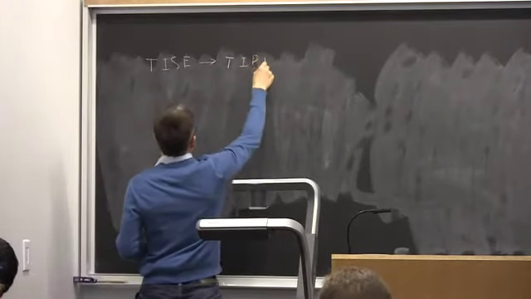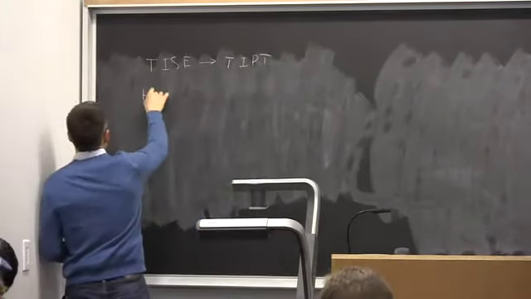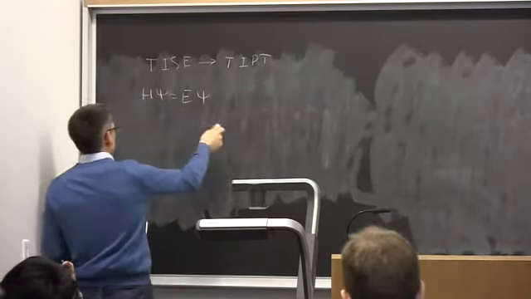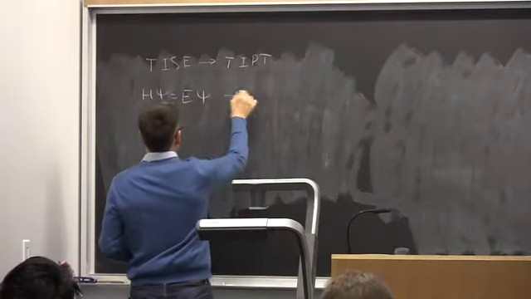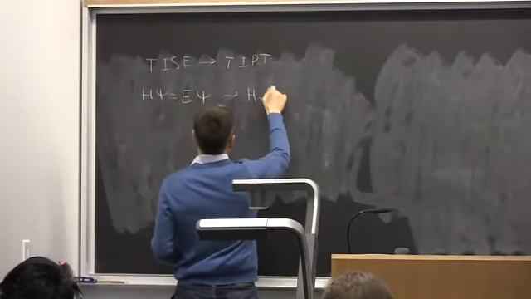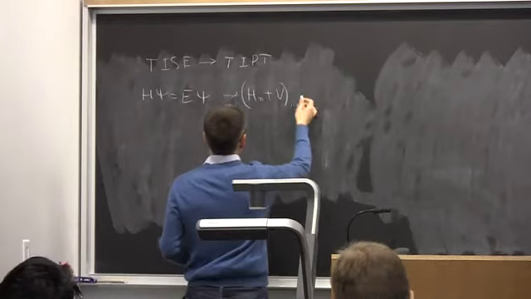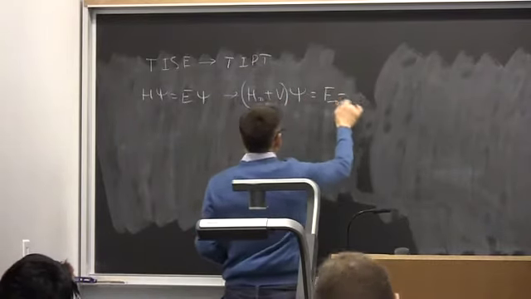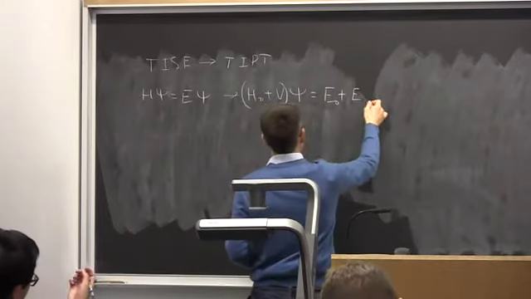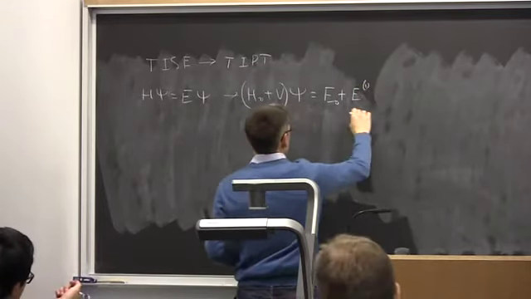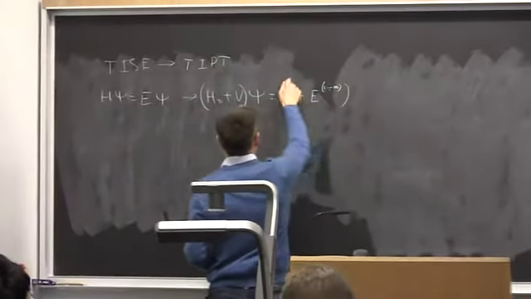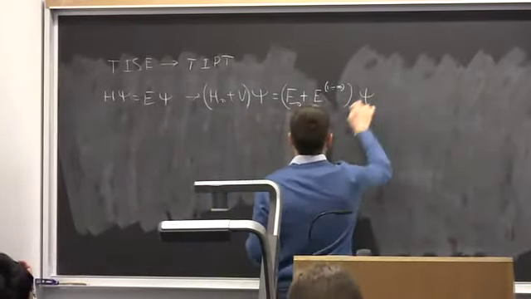time-independent perturbation theory that tries to solve H psi equals E psi by presenting the Hamiltonian as H0 plus V, and then E0 plus E1 and up to higher orders, right?